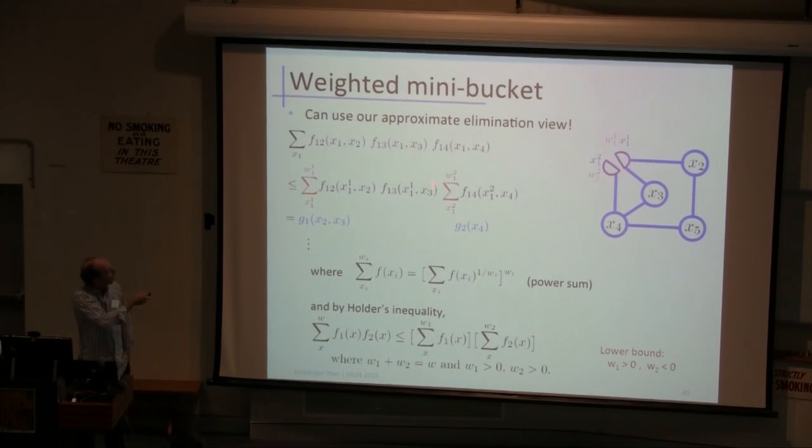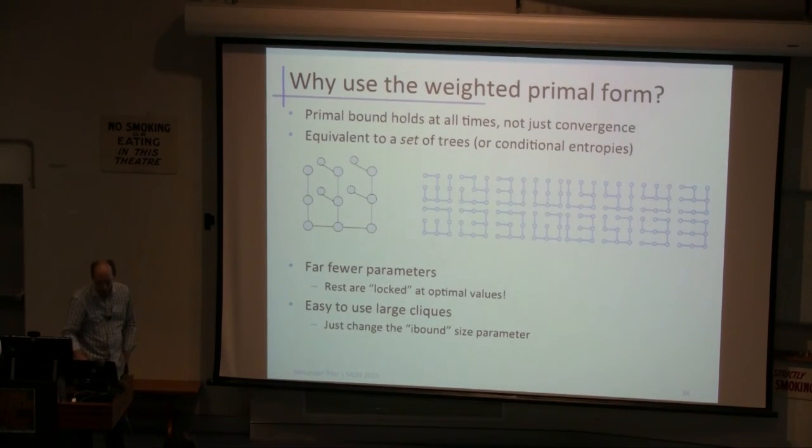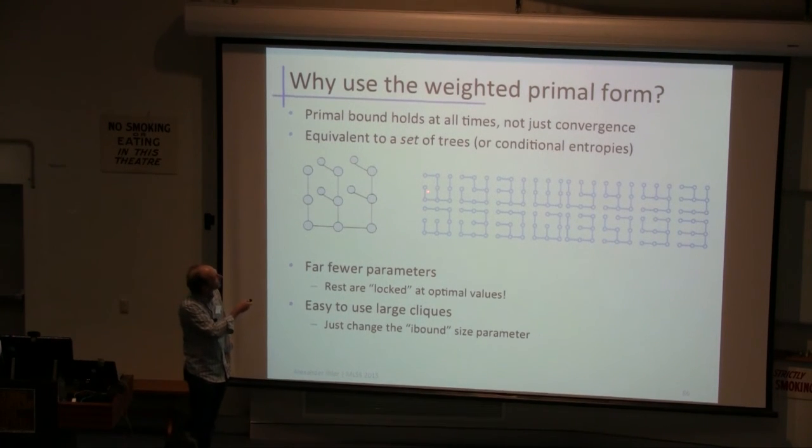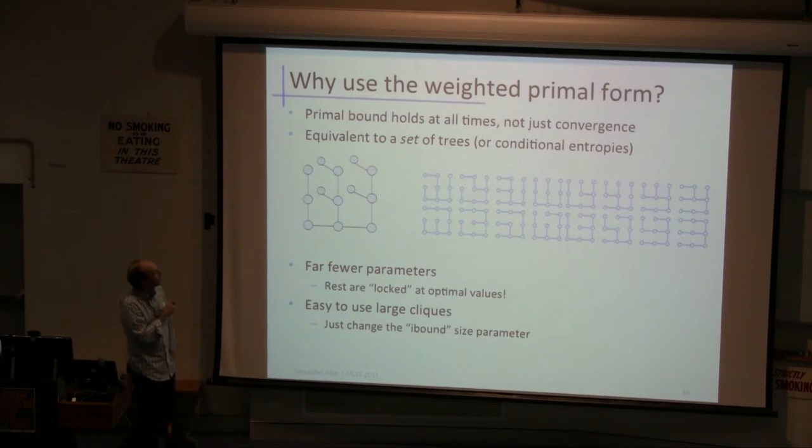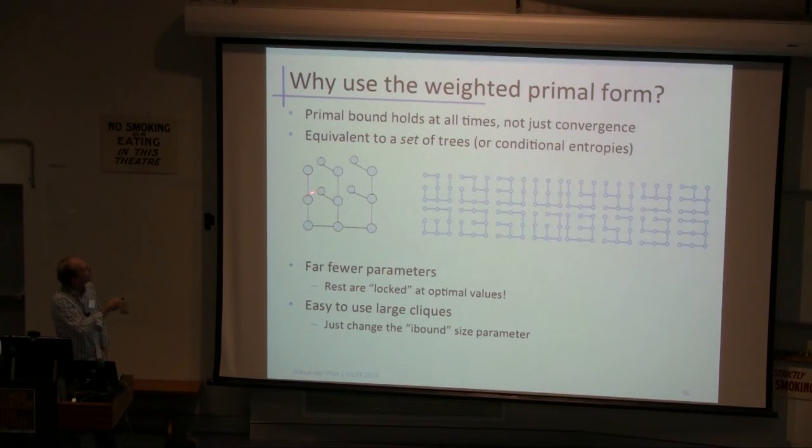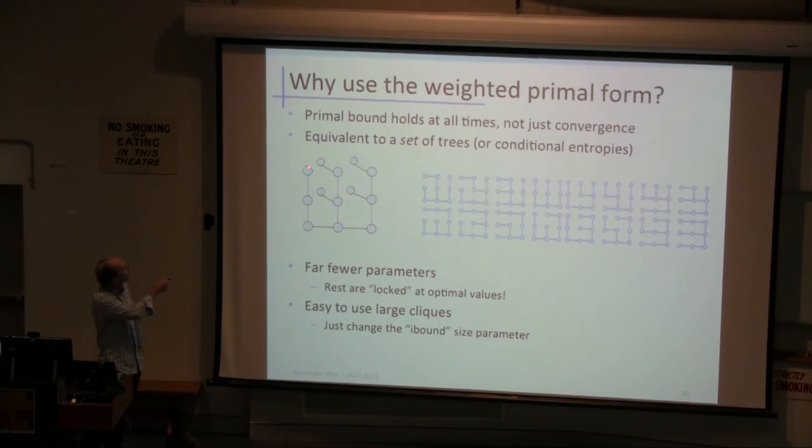So one nice thing about this form is that it's extremely easy to do and to process. So you can just follow variable elimination, but as you proceed, eliminate your variables approximately. It's also extremely compact. So instead of having to enumerate all of these trees, their weights and parameters, I end up just expressing only the variable duplication that corresponds to this approximate elimination.